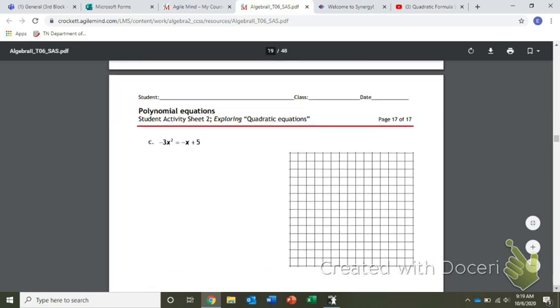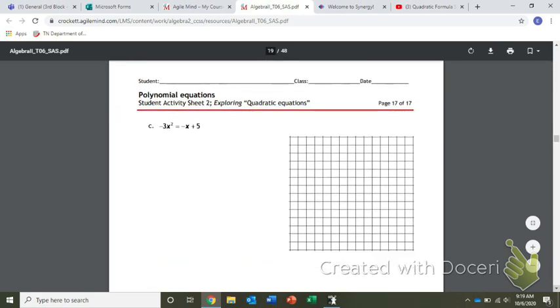Now C has everything there, but it's on both sides, and we want everything on one side. So the easiest thing that I'm going to do is I am going to move this 3x squared to the other side, because I like positive stuff. So we have 3x squared minus x plus 5.